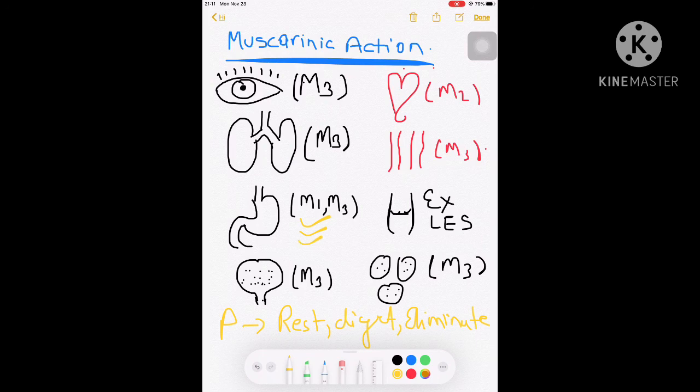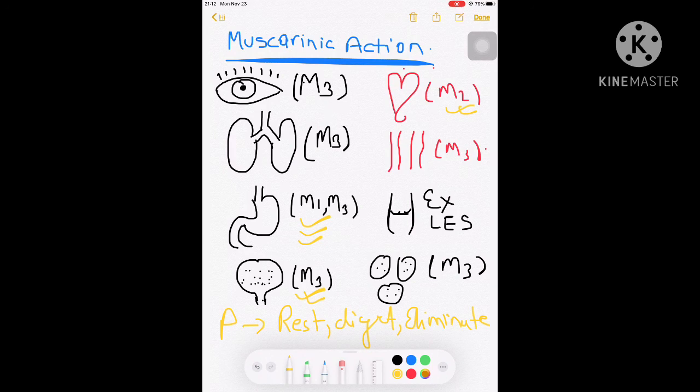So this is about the gastrointestinal system. Same with the bladder, same with the heart. At rest, there is bradycardia. It's a kind of mnemonic: rest, digest, and eliminate. This will correlate much better when we discuss the adrenergic effects.